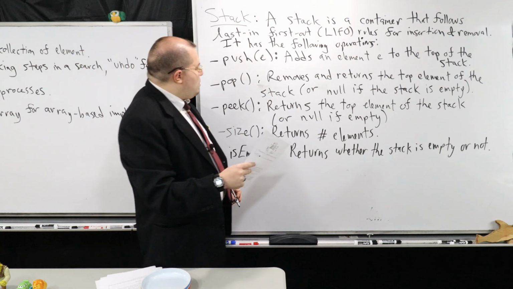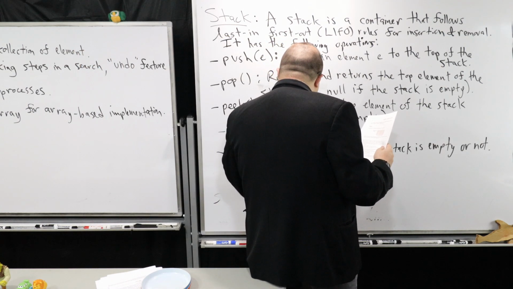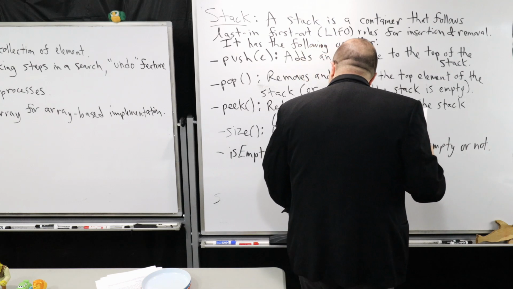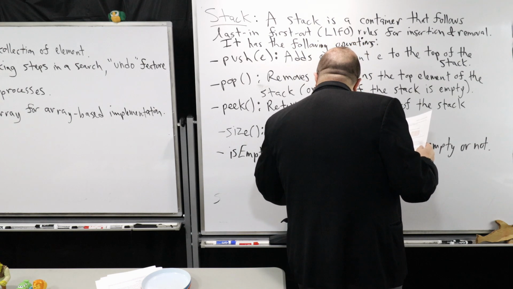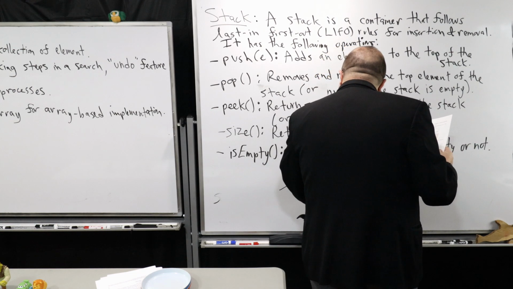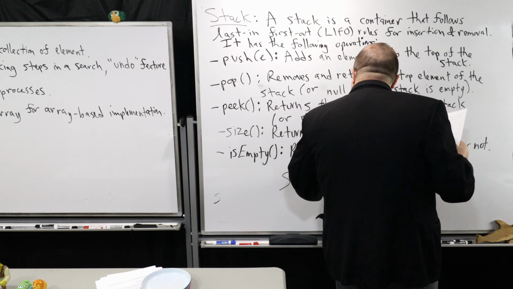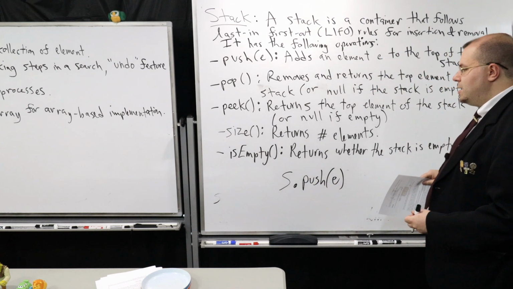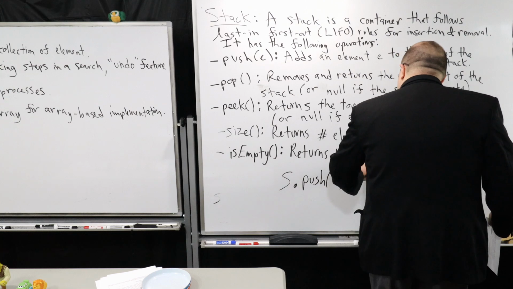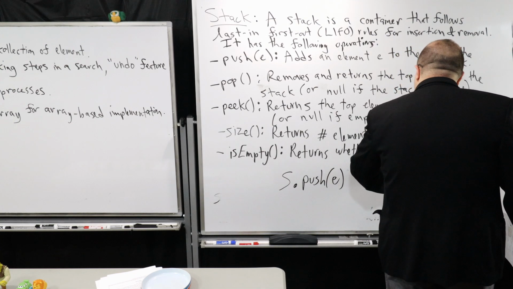So for example, if I had a stack S, in my pseudocode I'll very often go S dot push, and say my element is called E. This is how I would very often write it for you. Or if I want to execute is empty, you'll see I'll go S dot is empty.